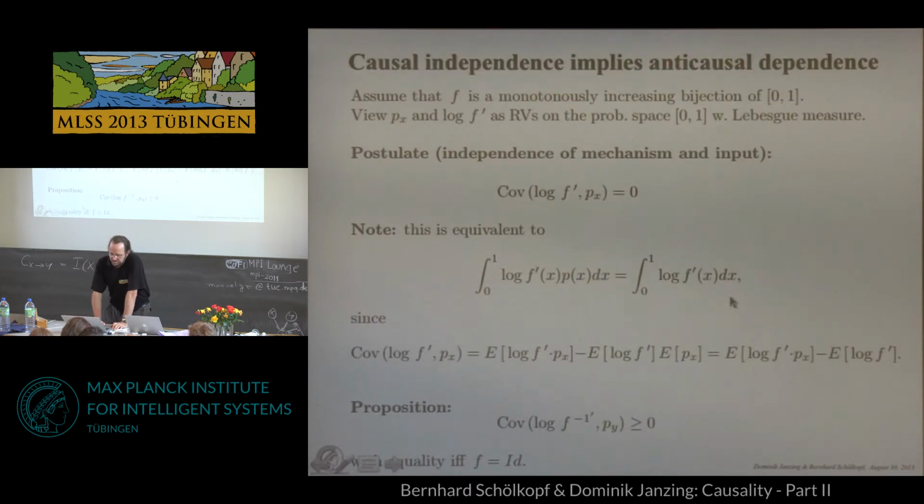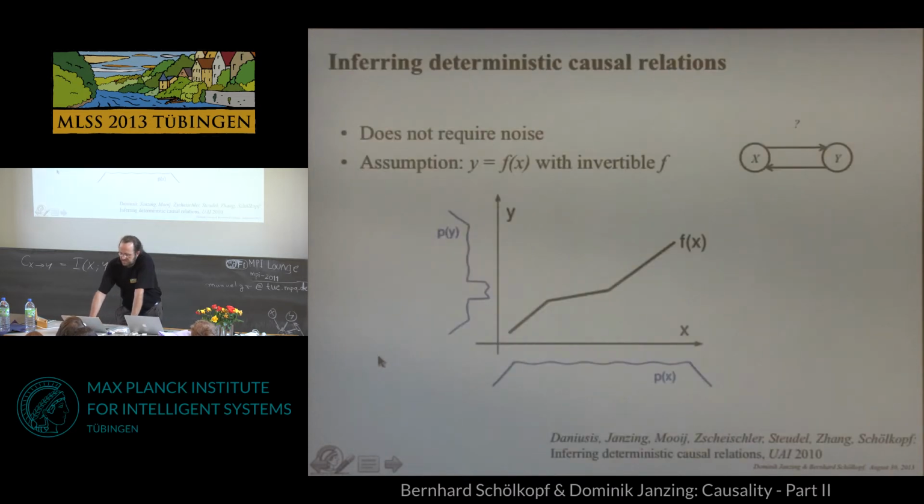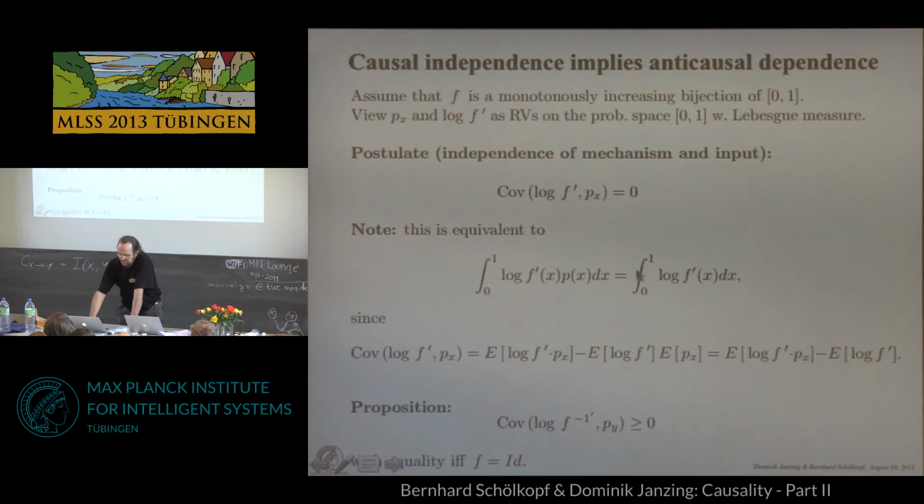So this postulate here, well, maybe just one of them, implies the following statement for the Kullback-Leibler divergences or relative entropies. Again, you try to remember this picture or put it into your iconic memory for a second. So we have input distribution, output distribution, we have the function.